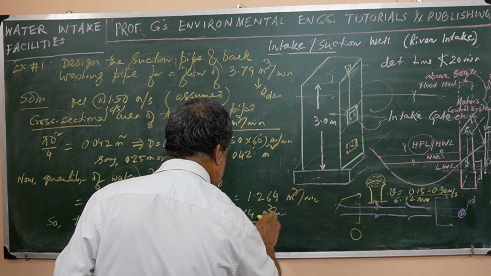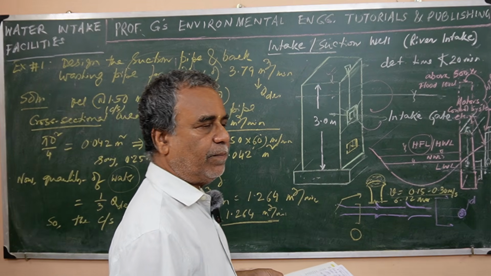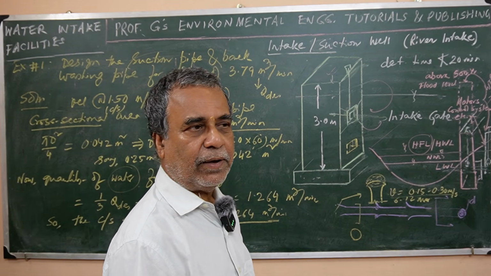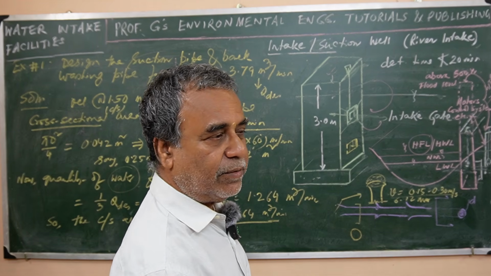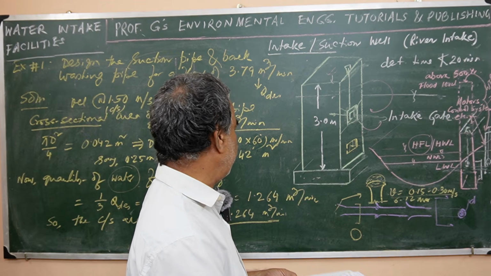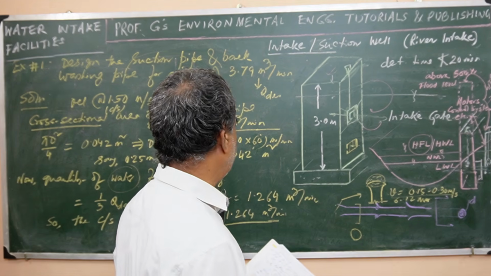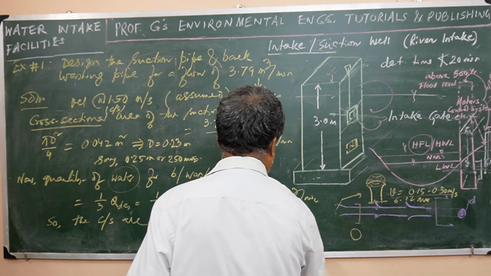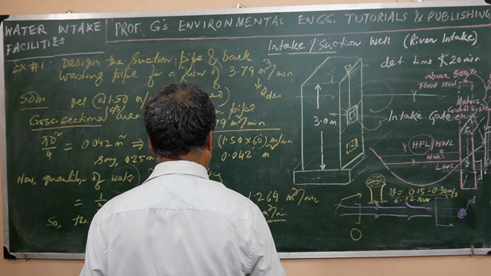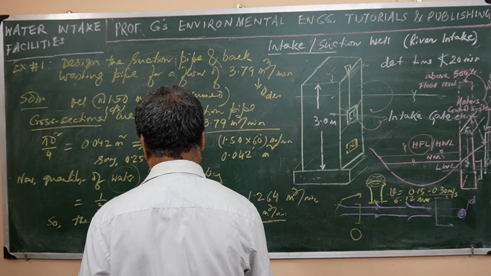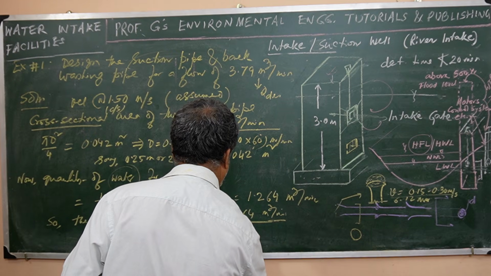Why am I writing all this? Because many a time we have seen that students or even engineers, the beginners, don't mention the unit, but that should not be. You always mention the unit, numerator and denominator also, so that your unit consistency will be correct.